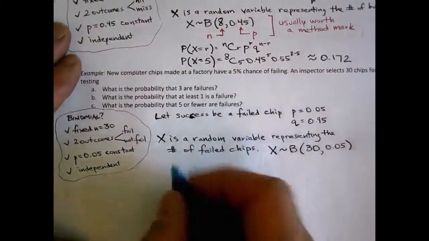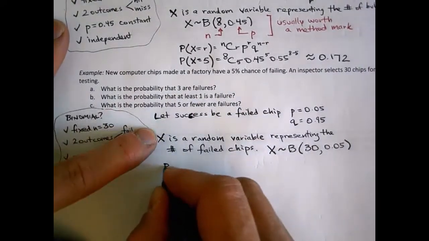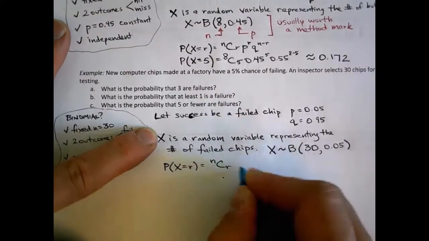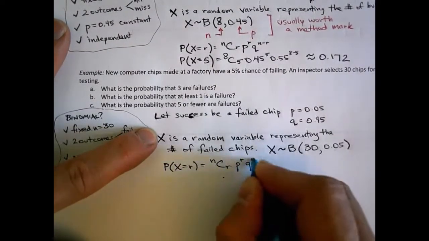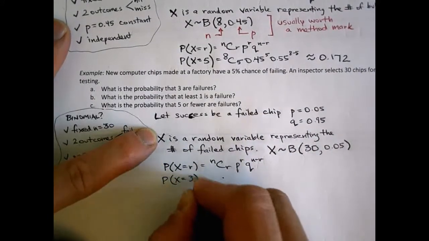So now we want to know the probability that you have 3 bad ones. That would be the probability that x is equal to r. Let's write this out: n choose r, p to the r, q to the n minus r. Could sub in my numbers then. What's the probability that I get 3 failures?